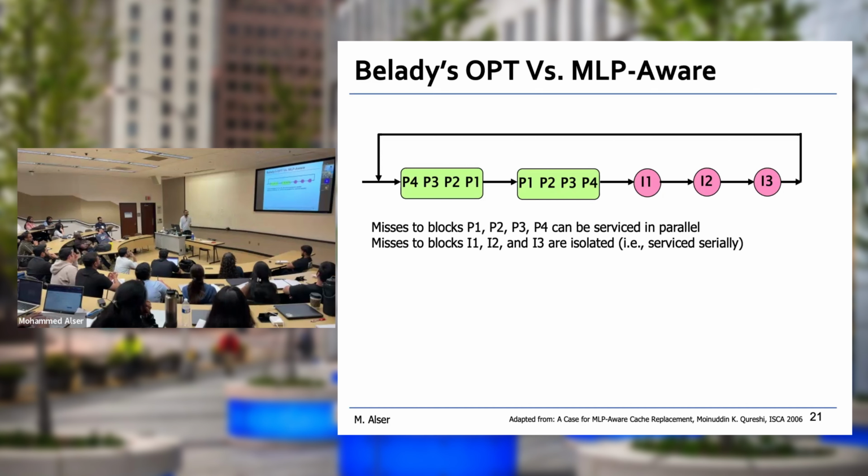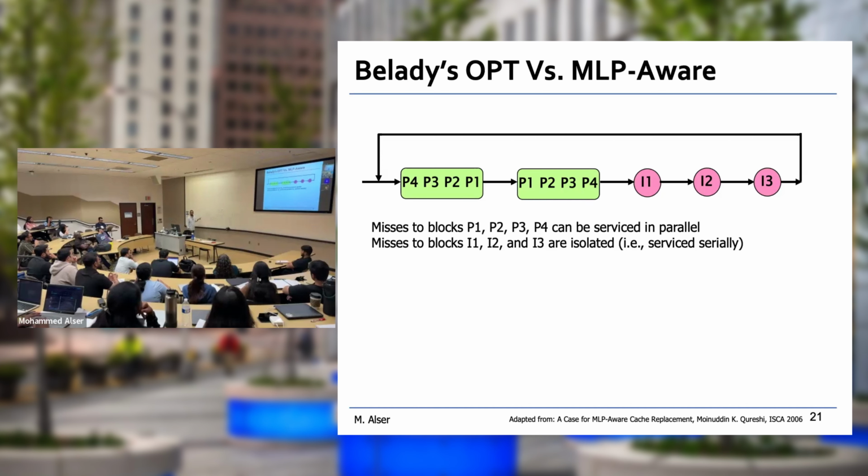So you'll see it in the paper presentation back in 2006. We have now two types of requests. The green ones are the cheap ones, the parallel ones. The pink ones are the expensive ones. The green ones are all in one box because they are cheap and they are parallel.